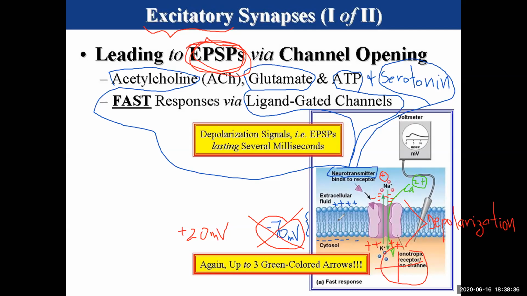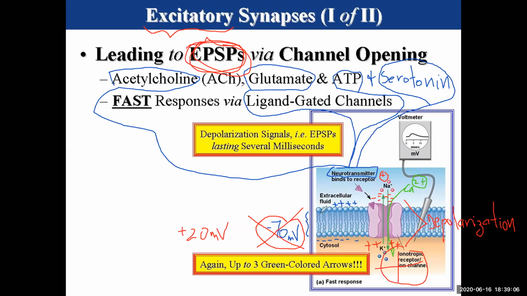Okay, so that's leading to EPSPs, and these will go toward the axon hillock, and this signal dissipates with distance, right? So EPSP dissipates with distance. So we learned that from chapter 7. We applied it here. So again, this cell membrane might be at one of the thousands of dendrites or the cell body, which is closer to the axon hillock.